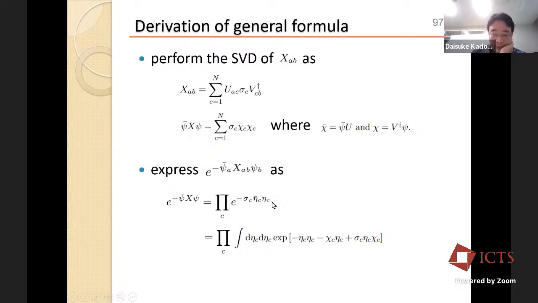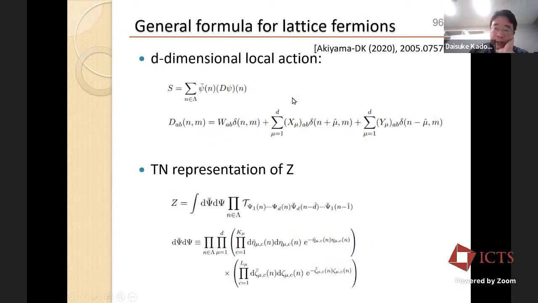Of course, integrating the two Grassmann numbers eta c and eta bar c coincides with exponential of minus sigma eta bar eta. This expression is applied to the x terms and y terms.